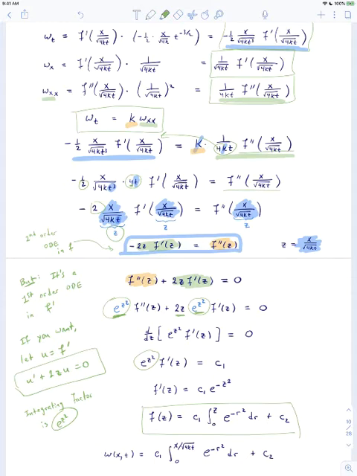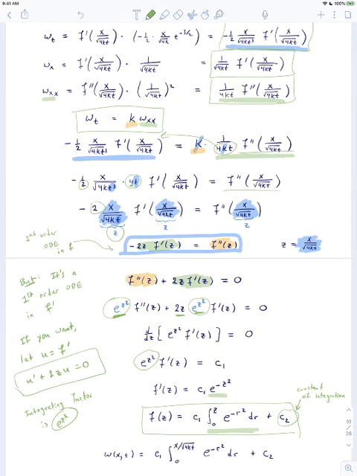But of course we need to add in a constant of integration, and that constant of integration is right here. So this is the constant of integration, and we'll call it c2, which is why we called the first constant c1.